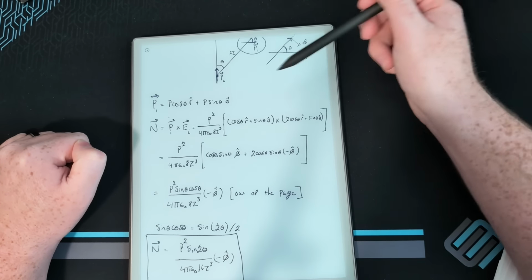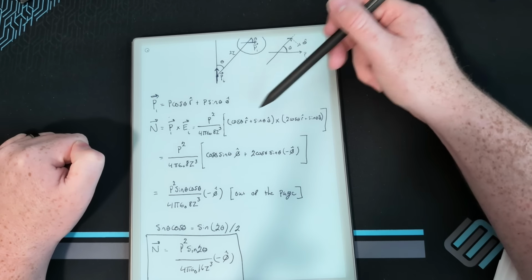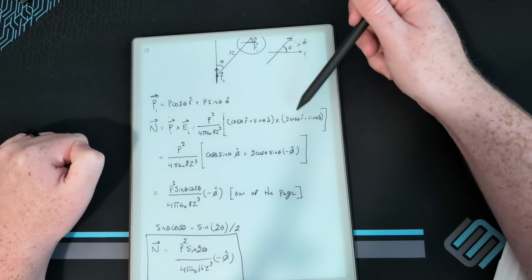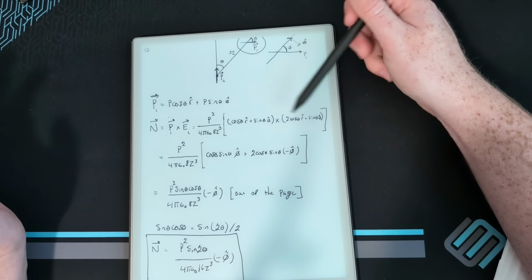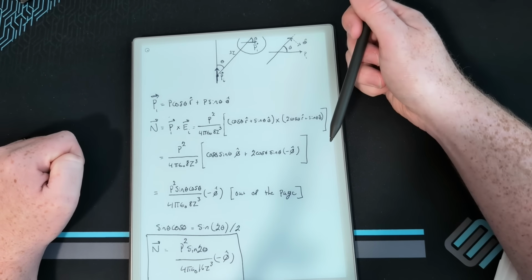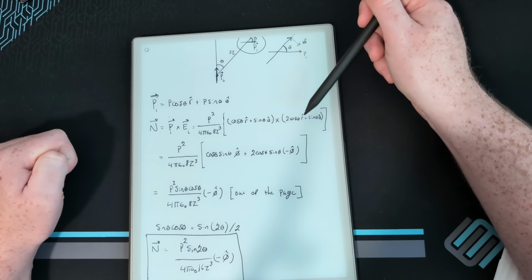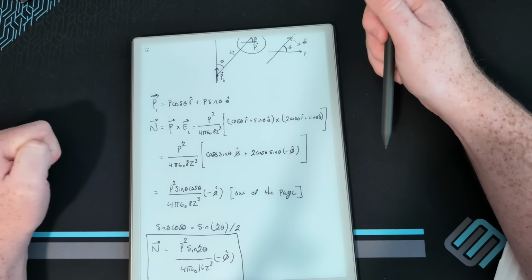So you have to do this cross product here. Of course, a vector crossed with itself, so r hat cross r hat, is going to be 0, and theta hat cross theta hat is going to be 0. So you're just going to have the cross terms. And r hat crossed with theta hat is going to be phi hat, and theta hat crossed with r hat is going to be minus phi hat.